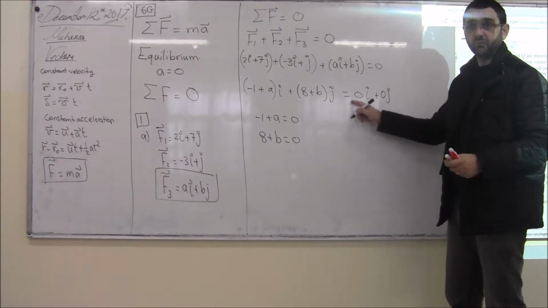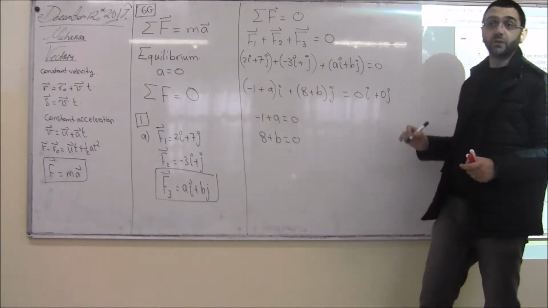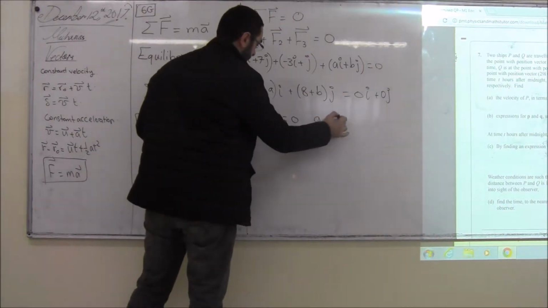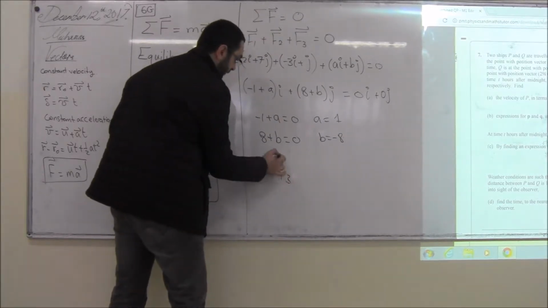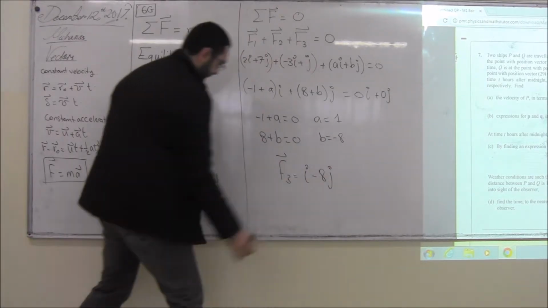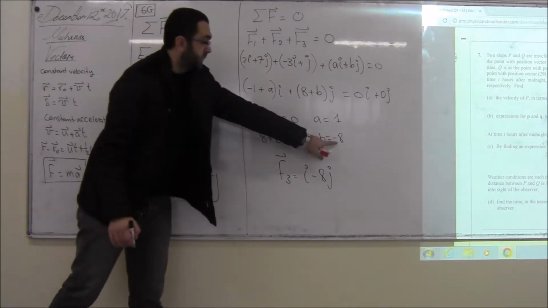Yes. So this should equal 0 and this should equal 0. Clear? So what is A? A is 1. B is negative 8. So the force F3 is i minus 8j.